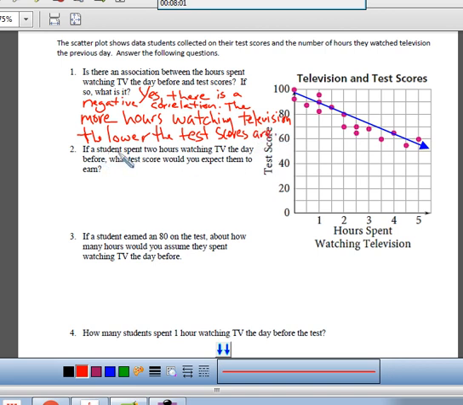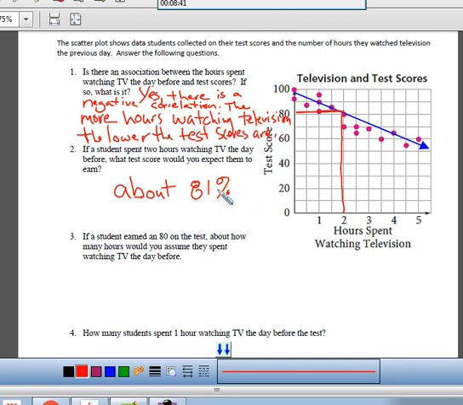If a student spent 2 hours watching TV the day before, what test score would you expect them to earn? So follow this up. Go to your line that you have here. It's called a best fit line, by the way. And it looks like a little bit above 80, so maybe about 81%.